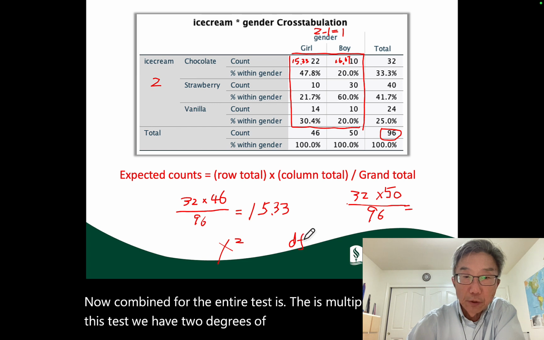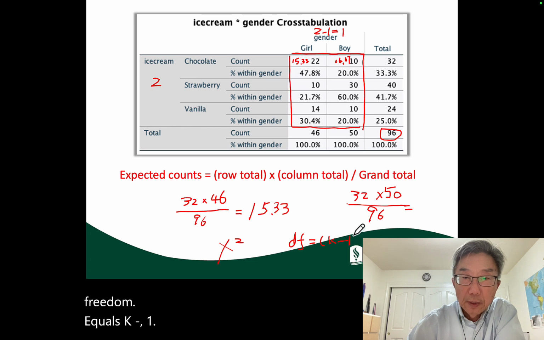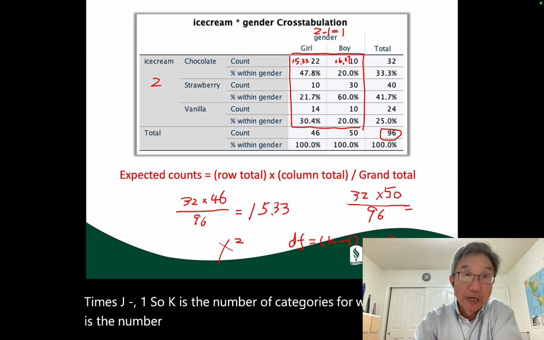Okay, so degrees of freedom equals k minus 1 times j minus 1. k is the number of categories for one variable, and j is the number of categories for another variable.